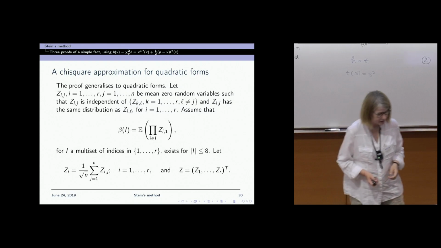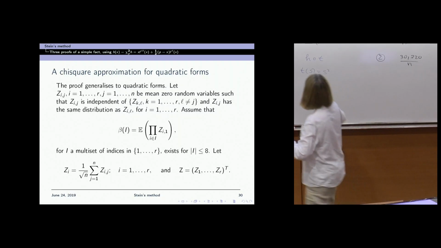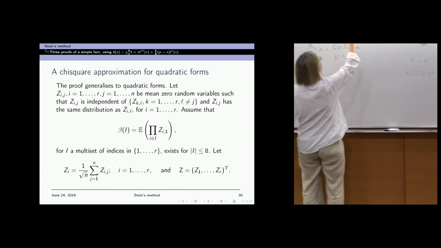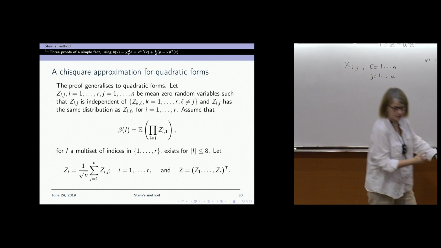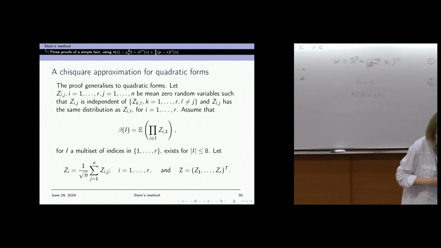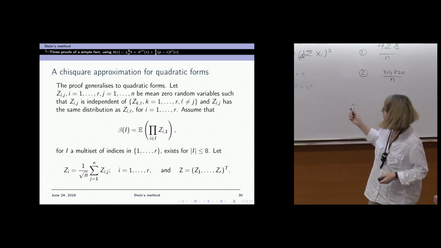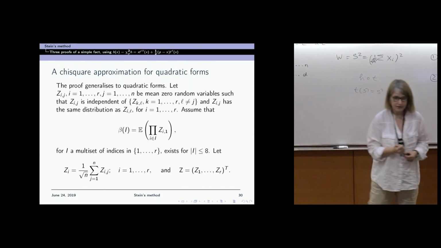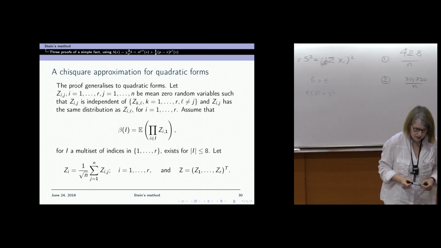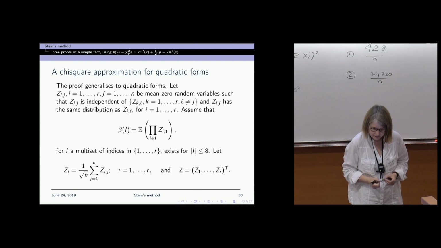So if I have a quadratic form, that means T is Z transpose UZ, where U is some square matrix. So we think that we are, again, in this framework, that we've got independent vectors of observations, and we assume that mixed moments up to order 8 exist.